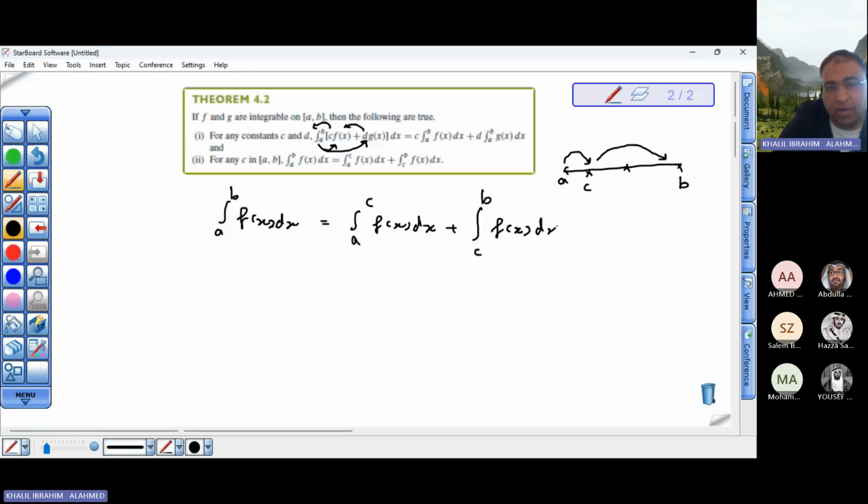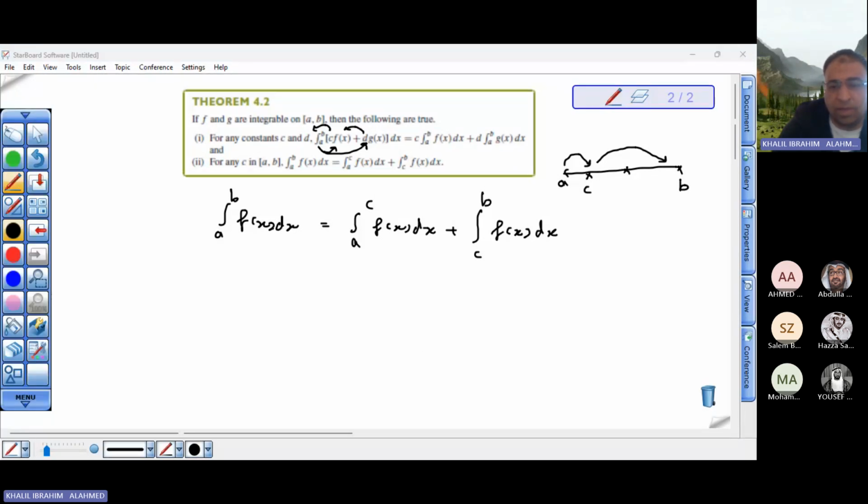We divided the whole integral into two integrals, integral 1 from a to c and integral 2 from c to b. Okay, let me give you an example about this situation.